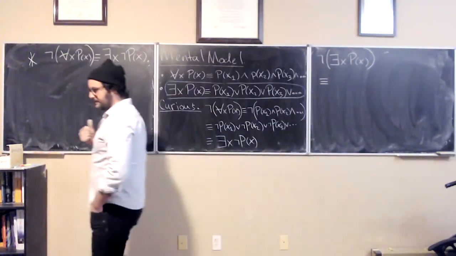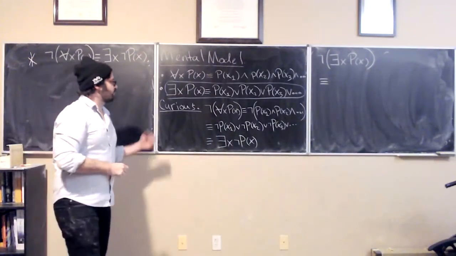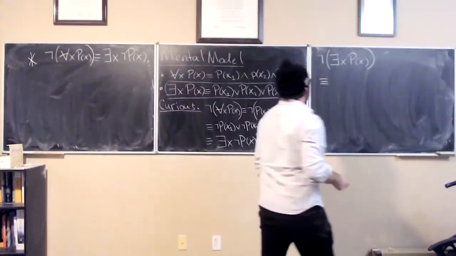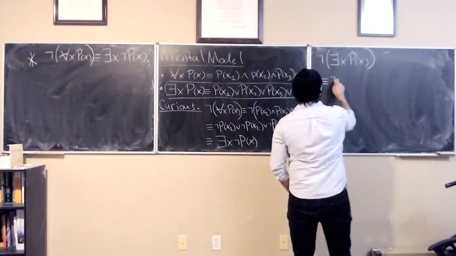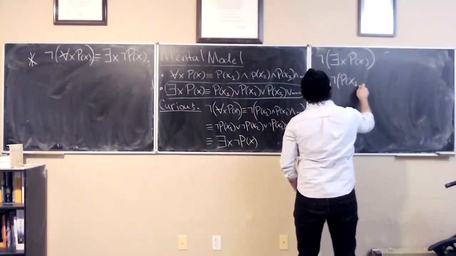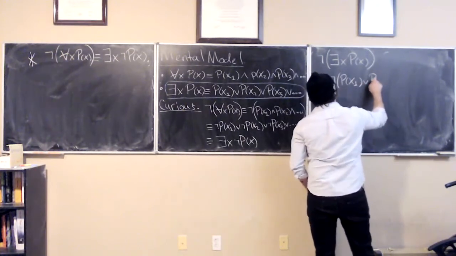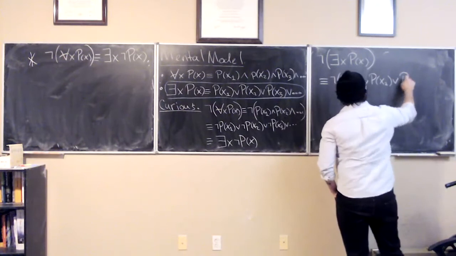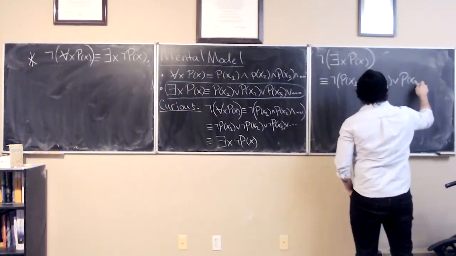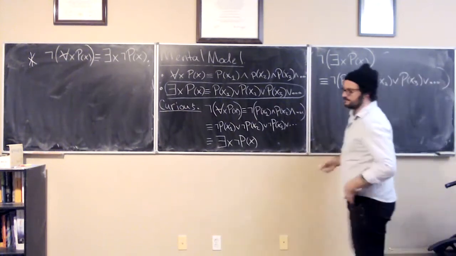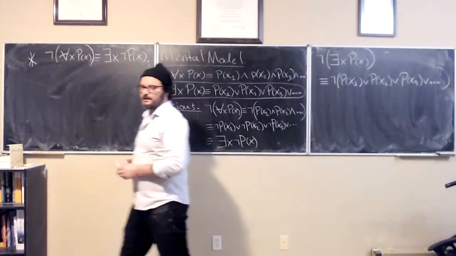Well, the existential can be thought of as a bunch of disjunctions between every single element in the domain, right? So this is like negating P of x1 or P of x2 or P of x3 or dot, dot, dot, off to every single element in the domain that we evaluate at.